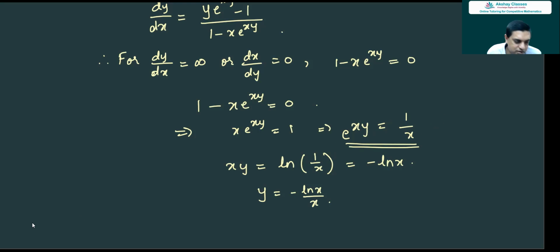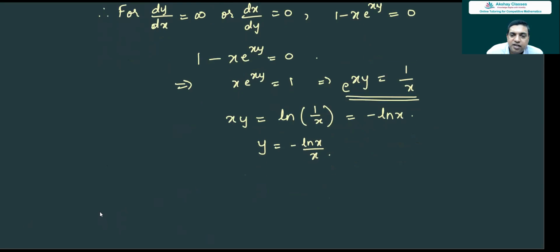I didn't give the options, but one of the options given is x equal to 1 and y equal to 0. When you do x equal to 1 and y equal to 0, we get this.